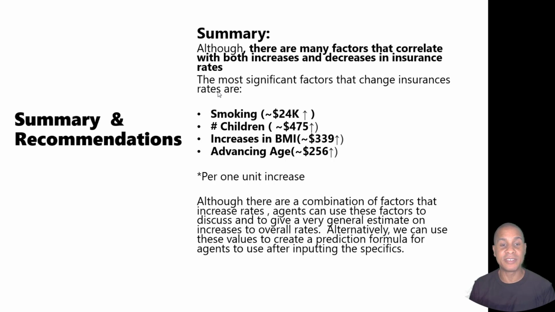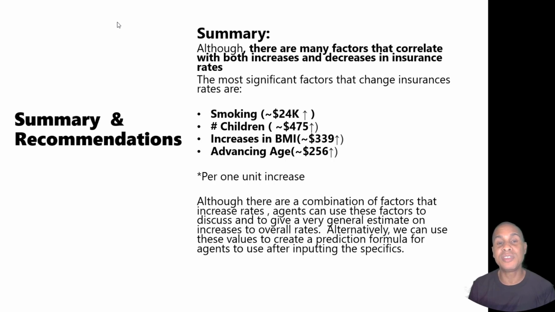So what are our recommendations? Our recommendations are that we know that many factors correlate to an increase and decrease in insurance rates. However, the most significant ones were smoking, number of children, increasing BMI, and advancing age. Although we know there's a combination of factors that increase insurance rates, agents can use these key influencers, or coefficients, to gauge how much someone may pay as a predicted cost.